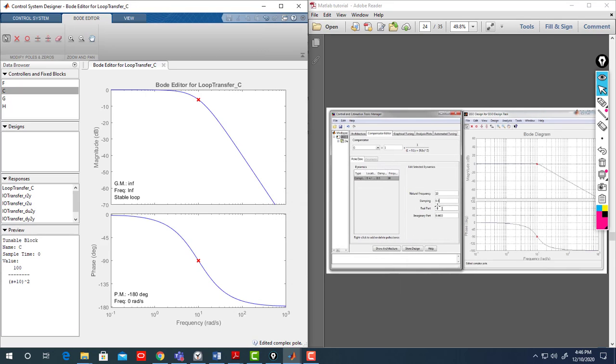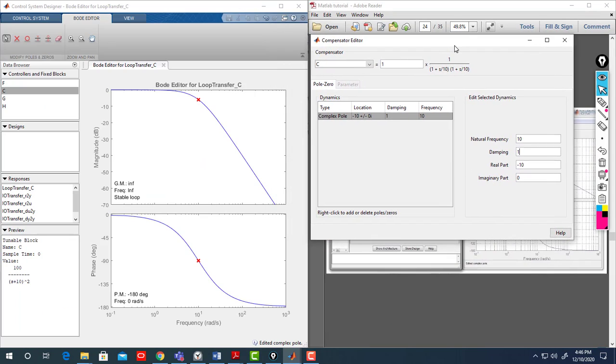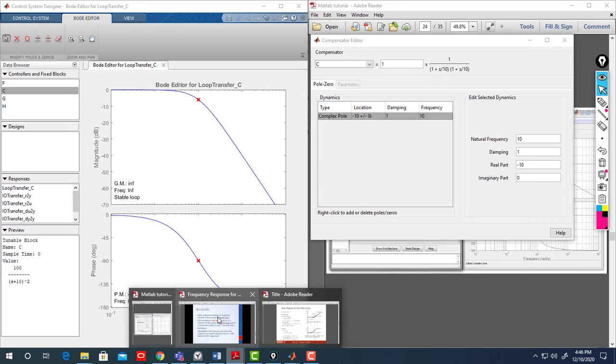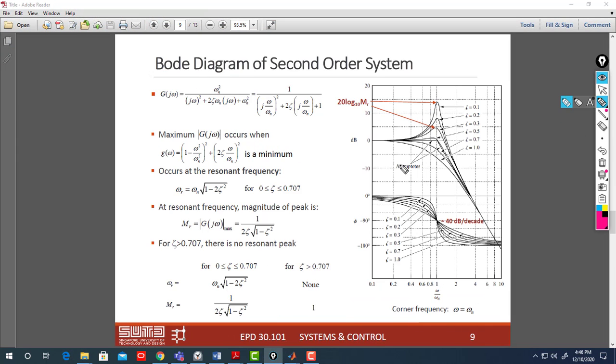Let's continue the tutorial. They put a damping ratio of 0.5. What will happen now if I take a damping ratio of 0.5? My damping ratio is 1 now. If you go to your second order system, remember, I was computing the resonant peak, magnitude at peak, and we define it as 1 over 2 zeta square root of 1 minus zeta squared.